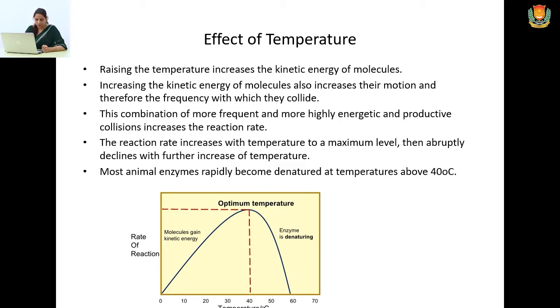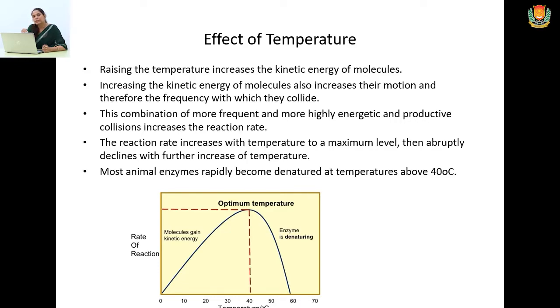We know that enzymes are proteinaceous in nature, and a protein's tertiary structure is highly sensitive towards pH and temperature. Each and every enzyme is highly specific for its optimum temperature.